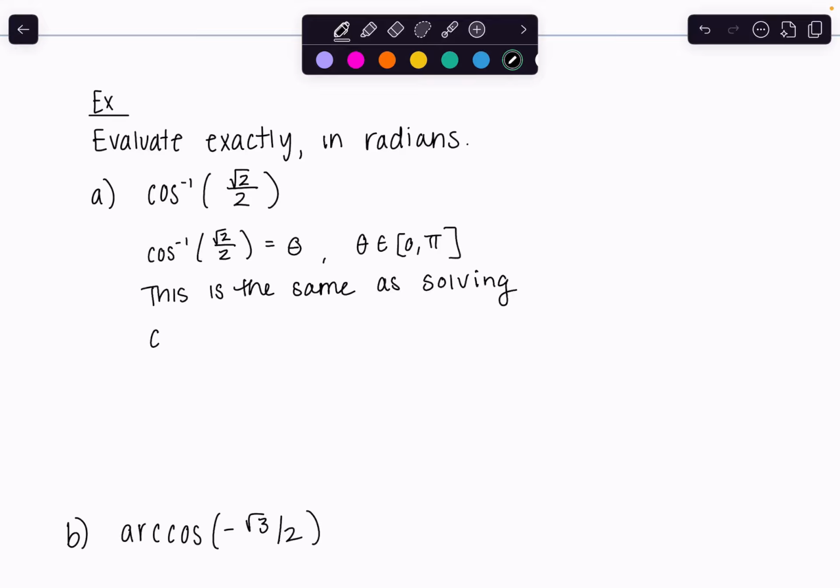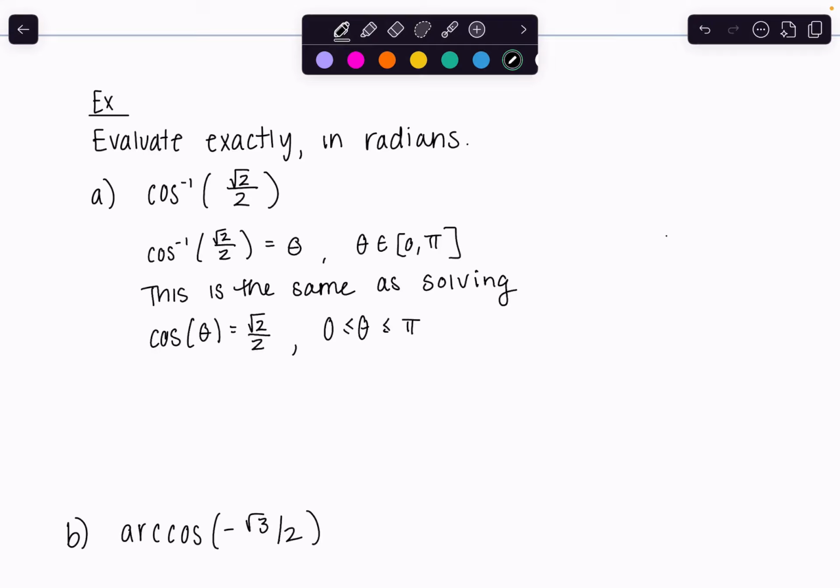So you're asking cosine of what angle gives you root 2 over 2, where that angle is specifically between 0 and pi. Because again, there are a lot of places where cosine of theta will equal root 2 over 2, but I'm only looking for the one between 0 and pi.